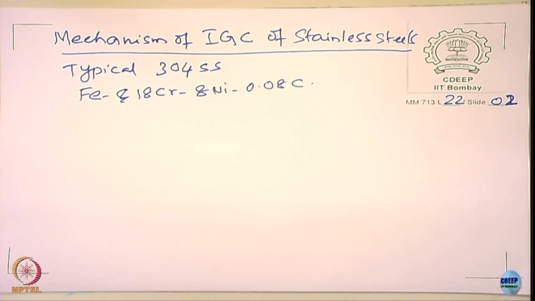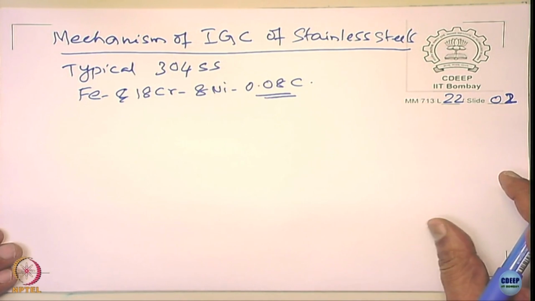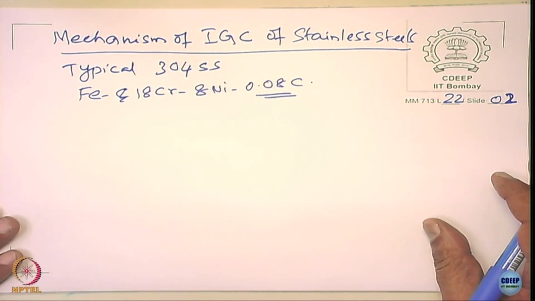And the carbon is supersaturated. They are in the solution anneal condition, which we also call mill anneal condition. Raise the temperature of the stainless steel sheet or plate to about 1050 degrees Celsius, where the carbon is highly soluble at that temperature. Then quench it rapidly, so that the carbon is retained in the solid solution.